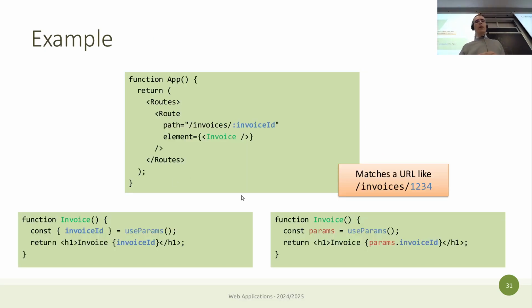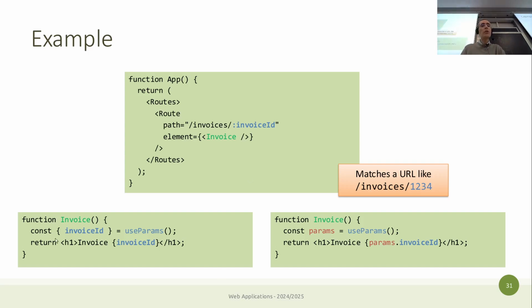So, for example, the route path invoices/:invoiceId matches any URL with /invoices/something, not just numbers, also strings and so on, but typically you have numbers because you typically care about IDs in these parametric parts of URLs.